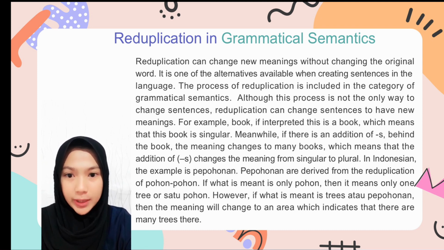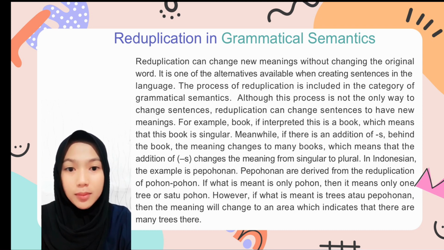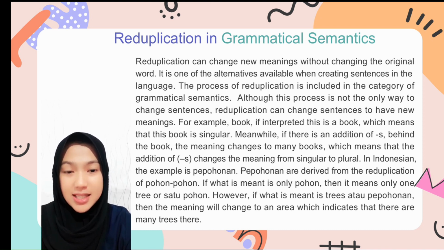The process of reduplication is included in the category of grammatical semantics. Although this process is not the only way to change sentences, it can make a sentence have a new meaning. For example, book. If interpreted, this is a book or one book, which means that this book is singular. Meanwhile, if there is an addition of s behind the book, the meaning changes to many books, which means that the addition of s changes the meaning from singular to plural.